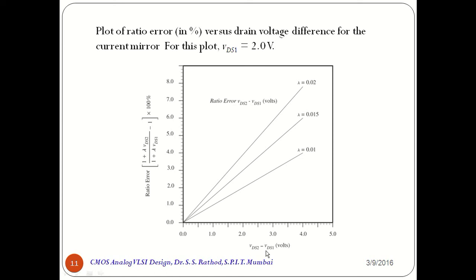VDS is same means VDS1 is equal to VDS2. So that means it is 0 point. If there is a difference between VDS of both the transistors, then there exists a ratio error. For a given difference in VDS2 and VDS1, for example, let us say 2 volts, the ratio of the mirror current to the reference current improves as lambda becomes smaller. So that is, the ratio error for lambda is equal to 0.01 is less as compared to lambda is equal to 0.02 because output resistance becomes larger.